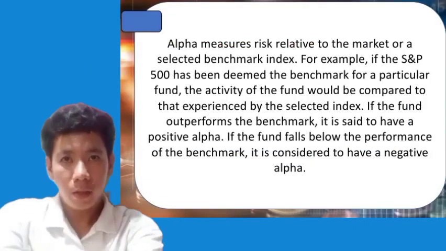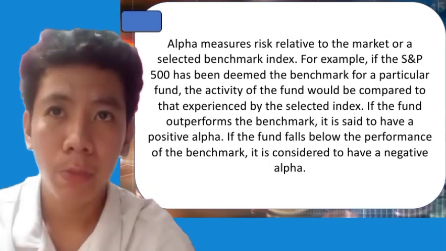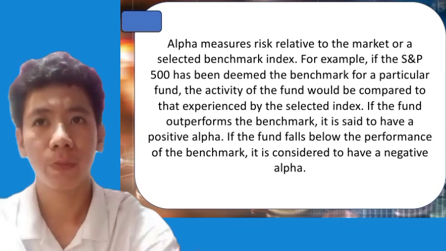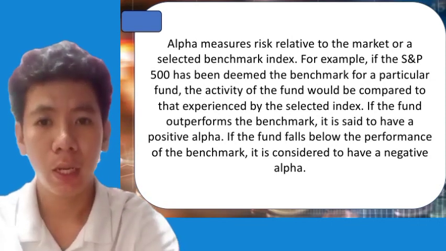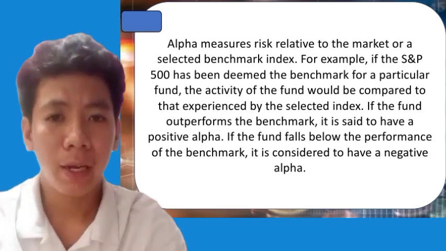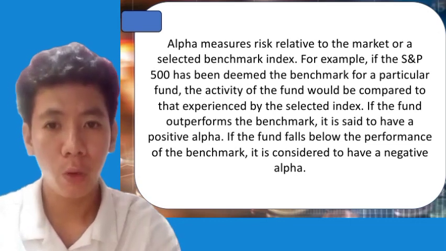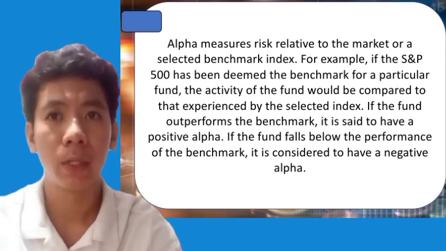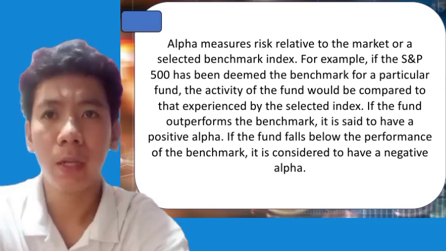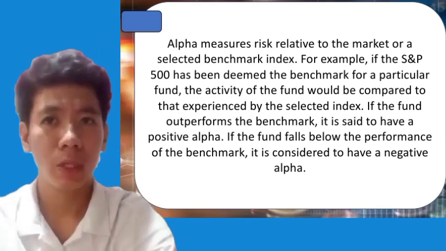The Jensen measure, or alpha, is a risk-adjusted performance measure that represents the average return on a portfolio or investment above or below that predicted by the capital asset pricing model, or CAPM, given the portfolio or investment's beta and the average market return.